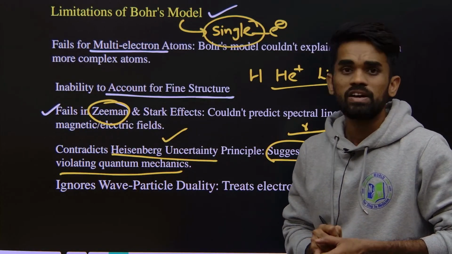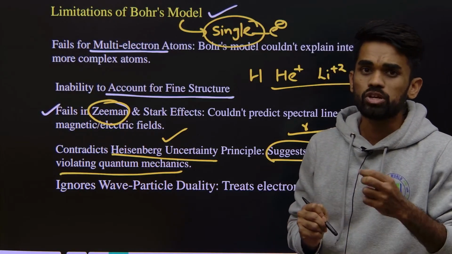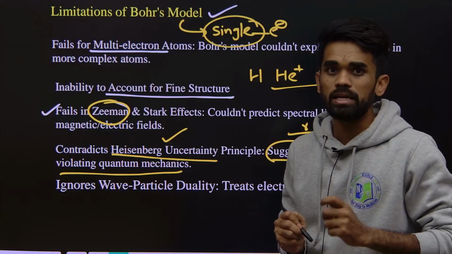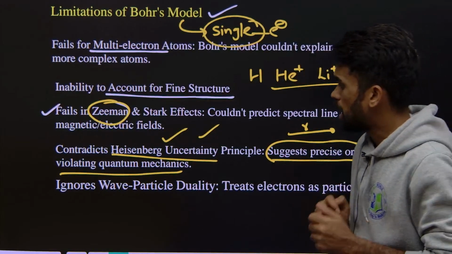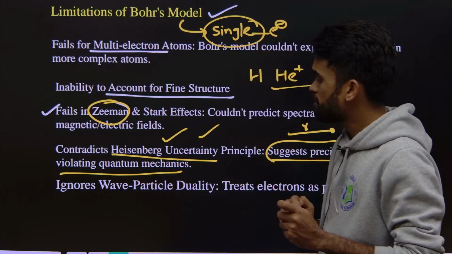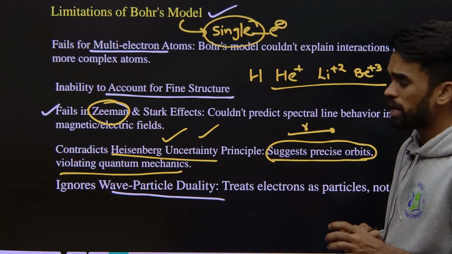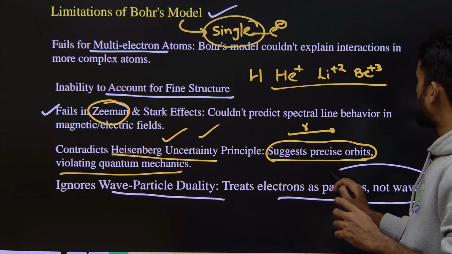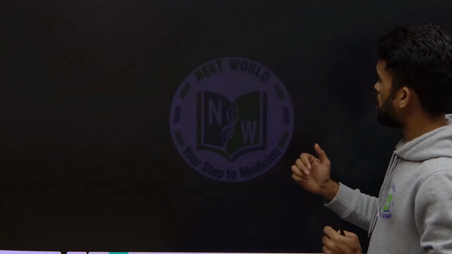What it says is that we cannot find the exact momentum and position of a moving particle simultaneously, right? So this is a contradiction to the HUP. And next, it ignores wave-particle duality and treats the electron as a particle. This is one more drawback of Bohr's atomic model.